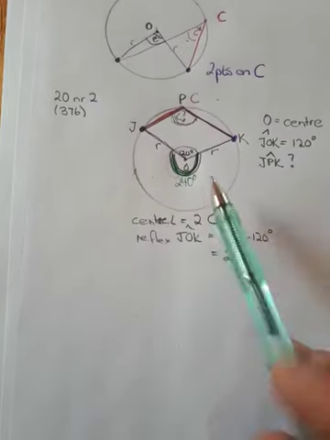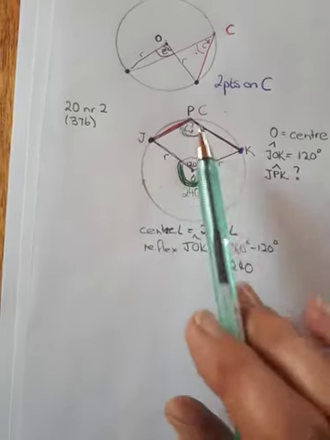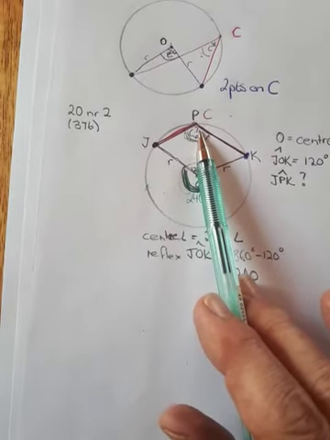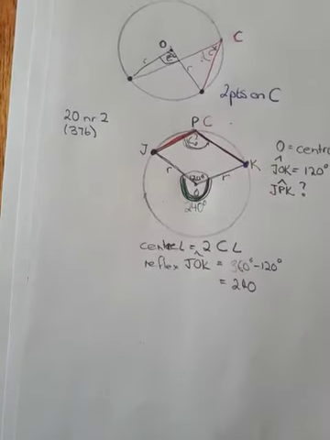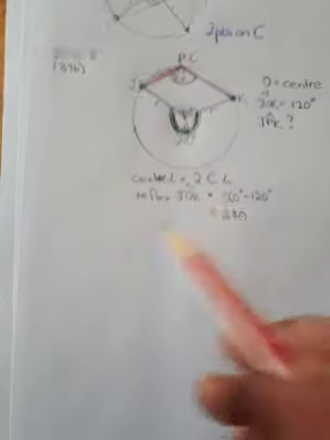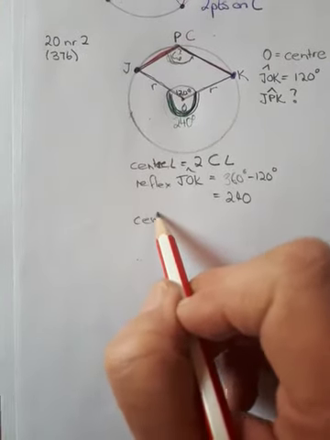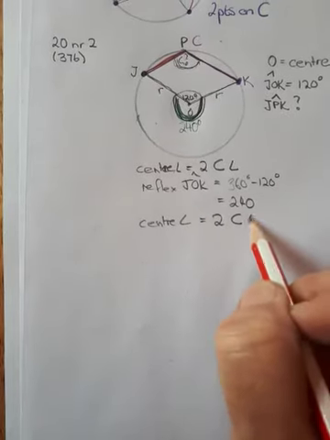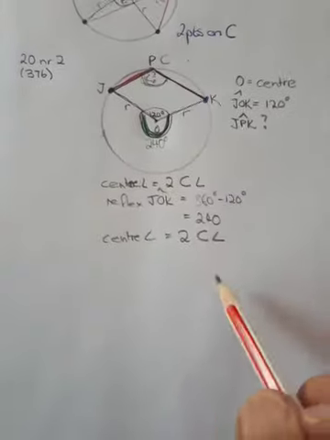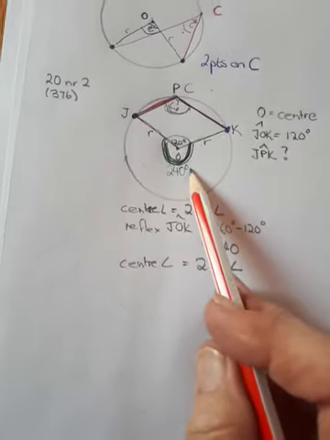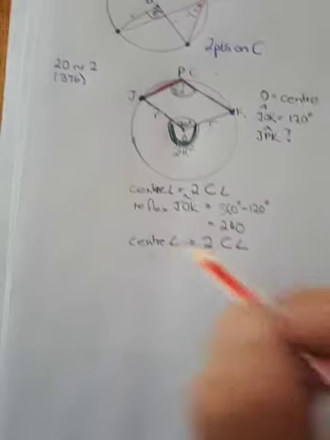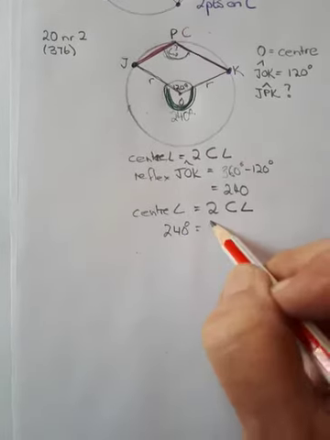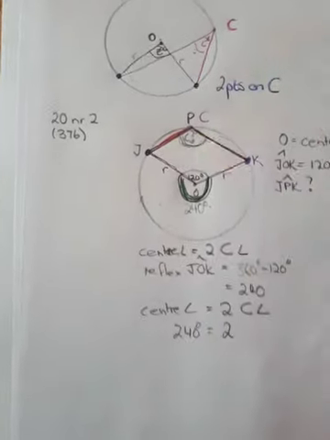Right. And now you've got the center angle and the related circumference angle. Are you with me? So now I can go back to my law here. Center angle equals twice the circumference angle. We've got the size of the center angle. So instead of center angle, you can now write 240 equals twice the circumference angle.